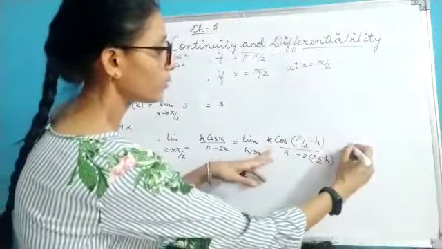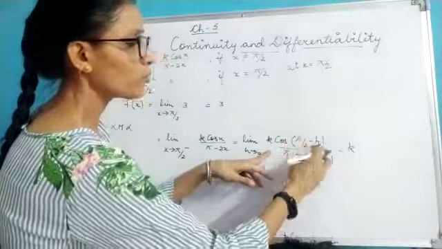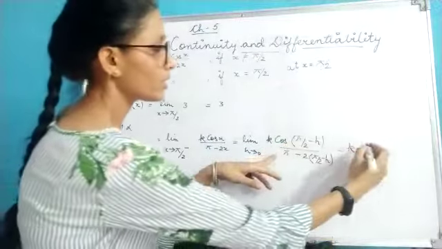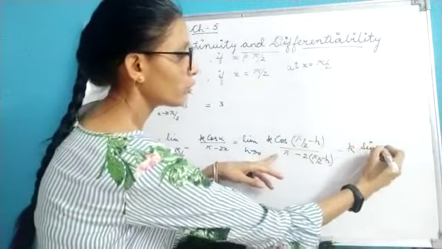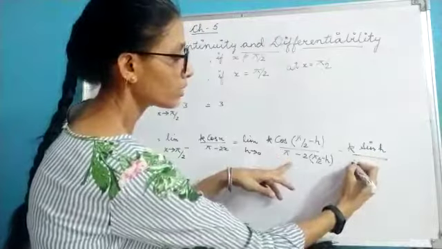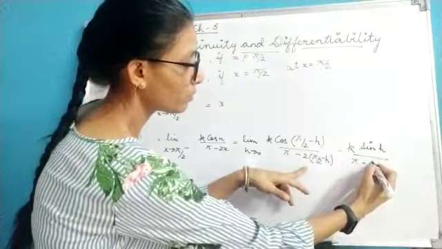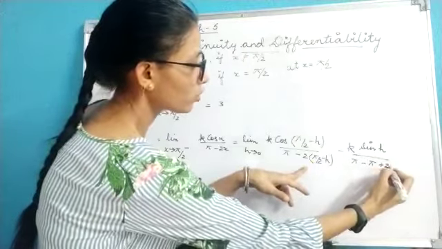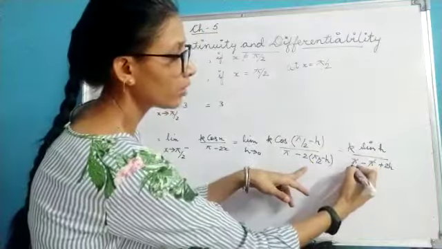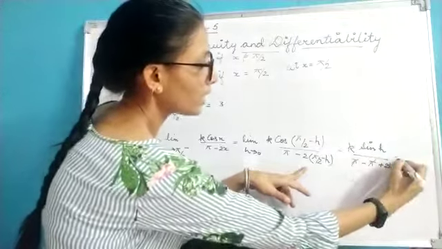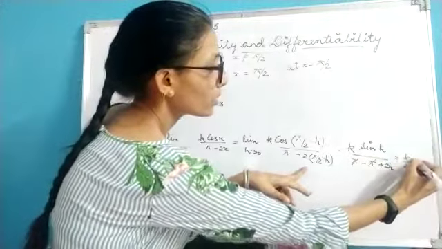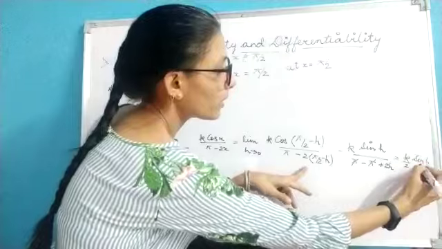Now this can be written as cos of pi by 2 minus theta will be sine h, whole upon pi minus, I am multiplying 2 inside, so it will just be pi and then plus 2h. Pi and pi gone, so I am getting it as k by 2 sine h by h.